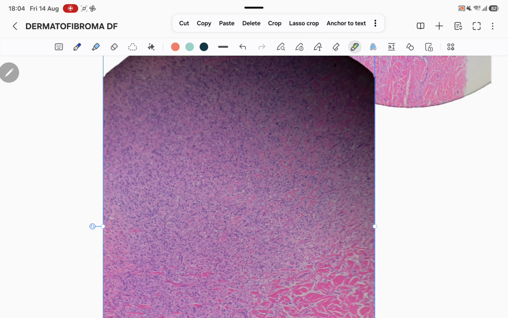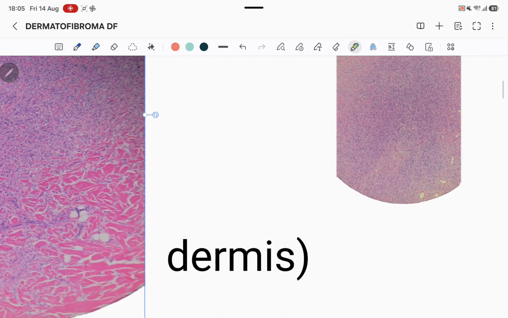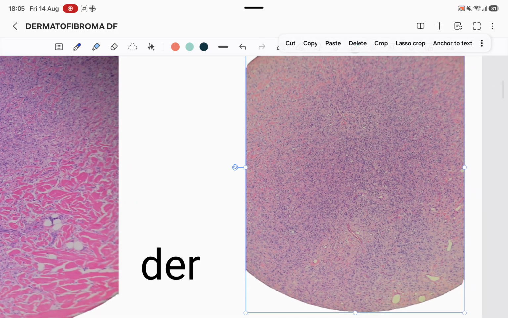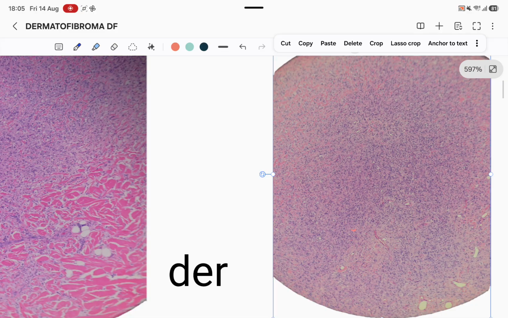You cannot really give a definite description of what this looks like. I do not really see any short fascicles. The problem is it's mostly epithelioid cells, and we've got this one as well. If you compare it, it's all the same. It doesn't look like there is any fascicular or storiform pattern here.